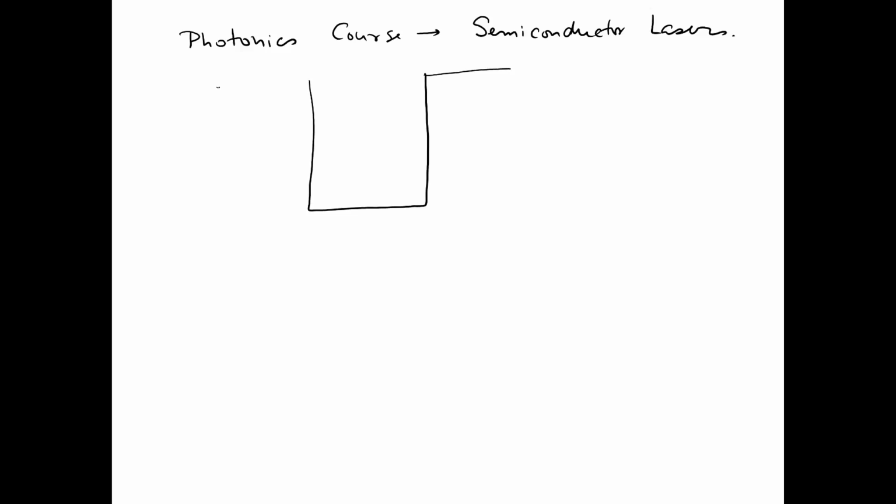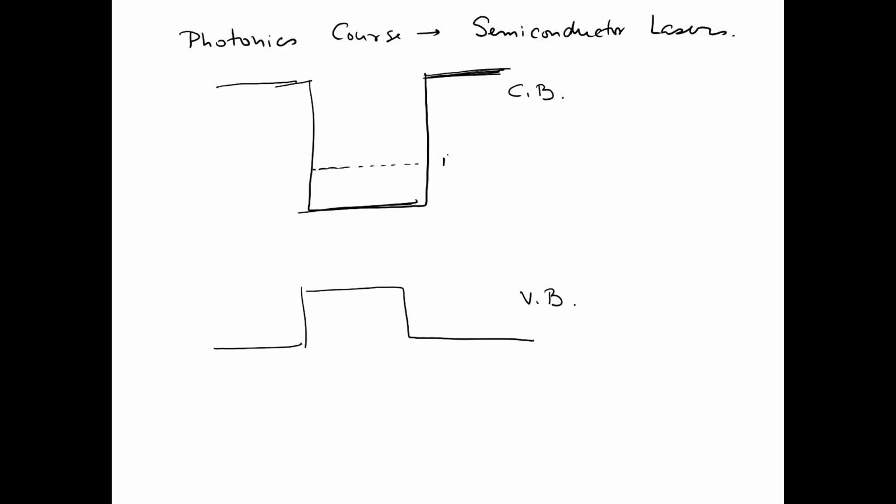So think of it as a conduction band, and then you have a valence band on the bottom. Because of this confinement, in the conduction band you have low V here and then high V here. Because of this confinement, you will get only discretized values present.